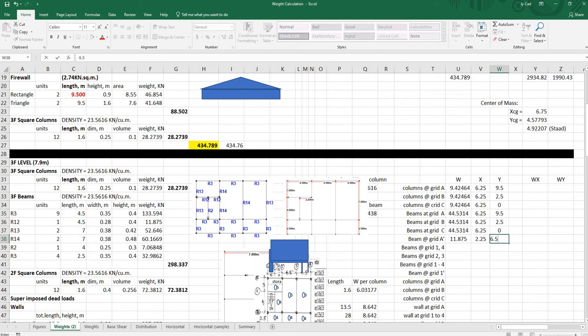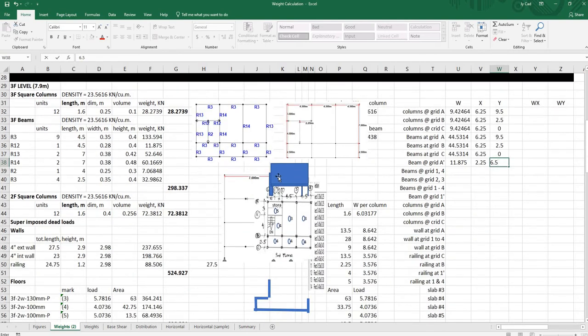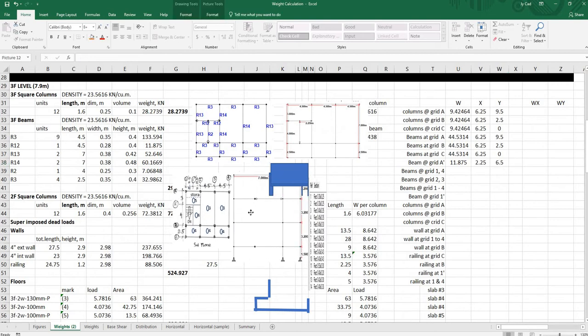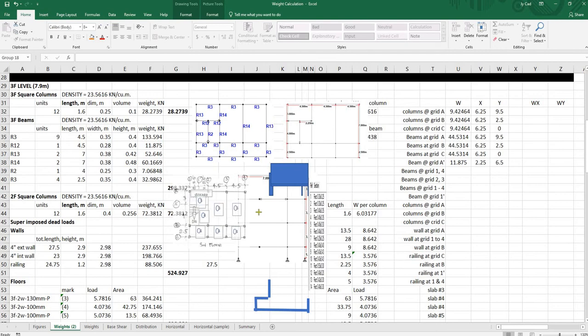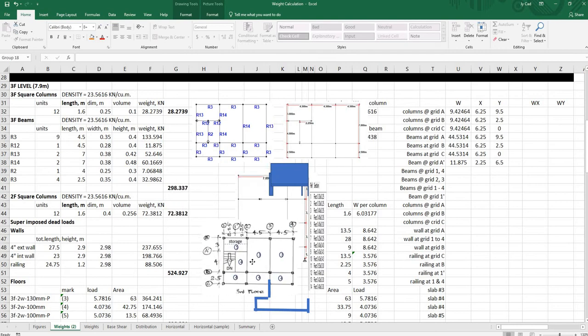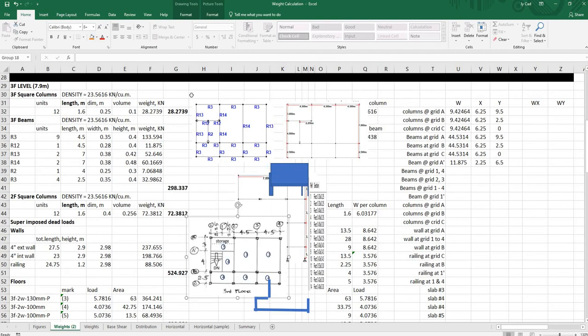Now, dito na tayo sa transverse beams, okay? Notice na beam at grid 1 is R13, at grid 4 R13 din siya, pero ang length niya ay 7 meters.